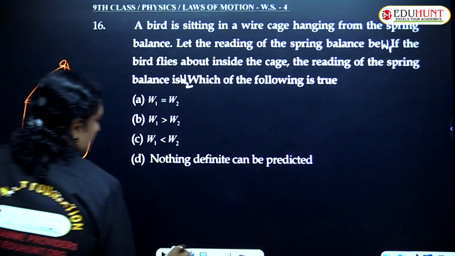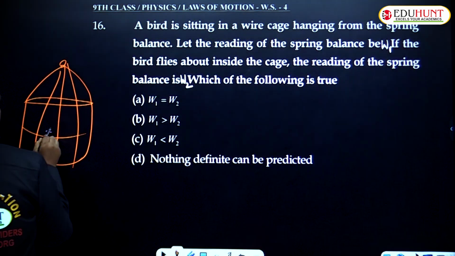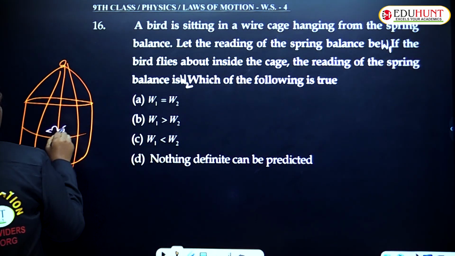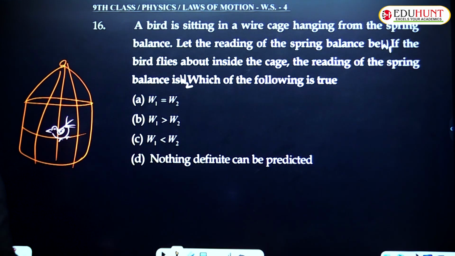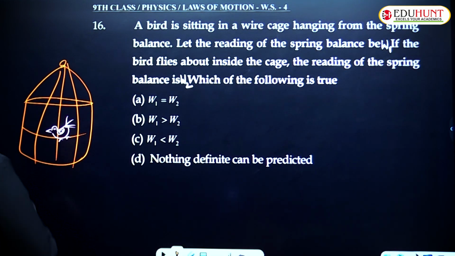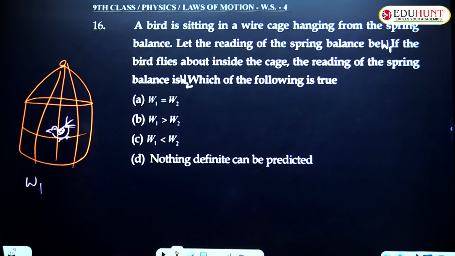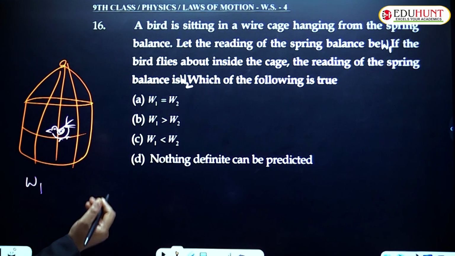So here again a bird is there, hanging on the spring balance. Let the reading of the spring balance be W1. So what was the initial reading of the spring balance, children? W1. If the bird flies about inside the cage, the reading of the spring balance is W2.